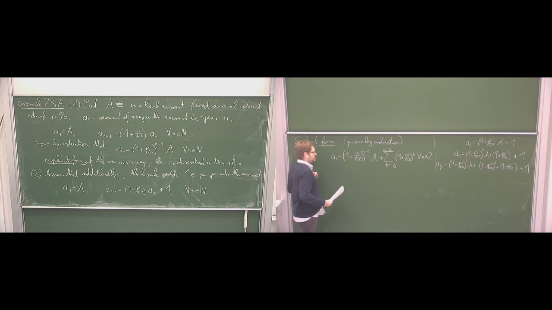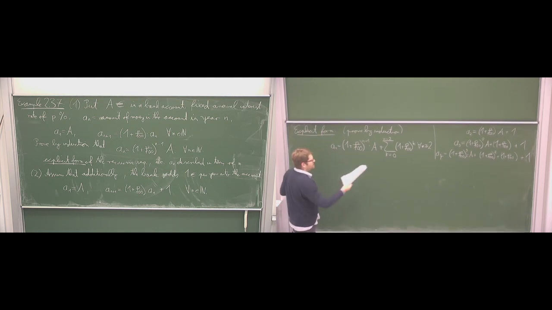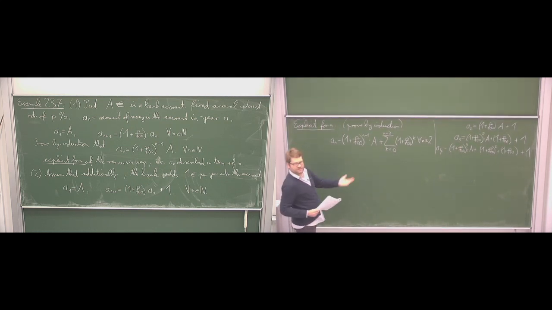So A2 can be computed by hand, which we have done on that slide. So this is then the explicit form of the sequence here.